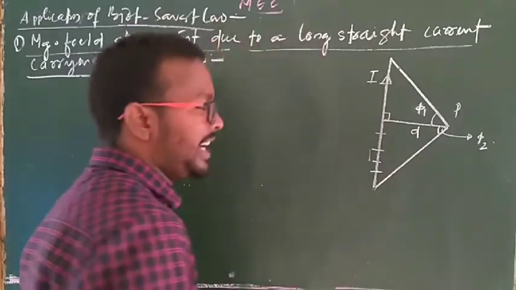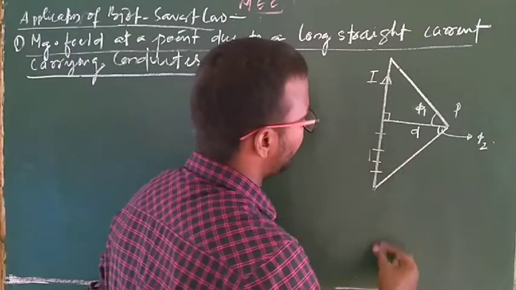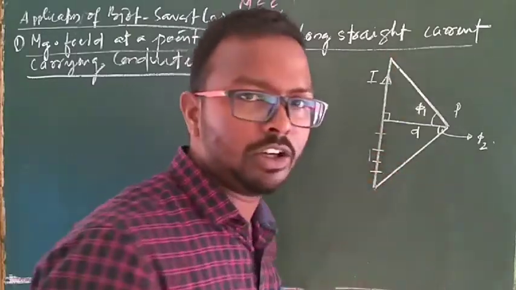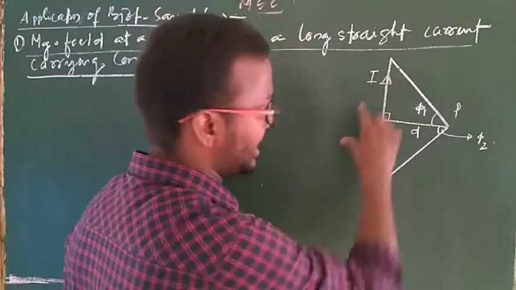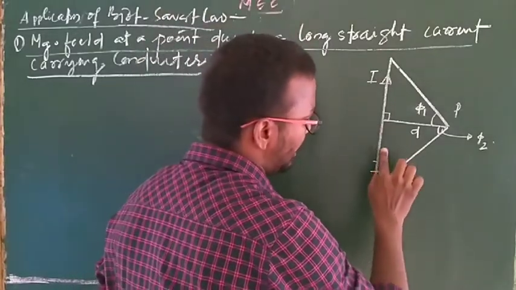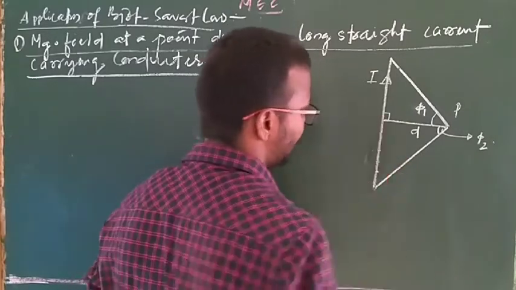First we have to find the magnetic field for each small element, then we can add all of them to find the total magnetic field. So first we have to find the magnetic field for a small current carrying element.